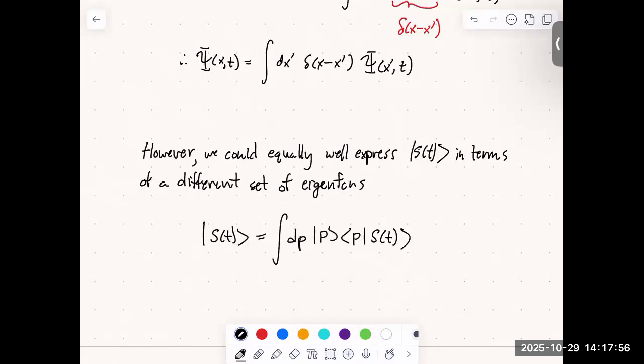But just like we said, x projected onto S gives us our wave function in the x representation. p projected onto S gives us our wave function expressed in terms of momentum. So this is the momentum space wave function.